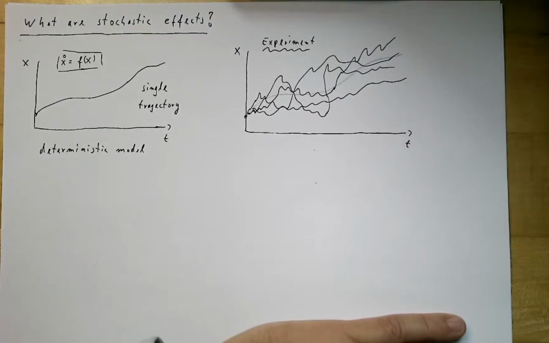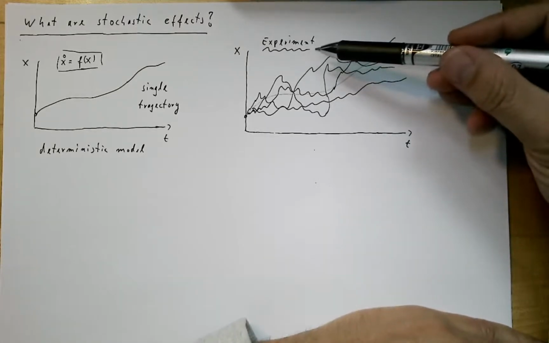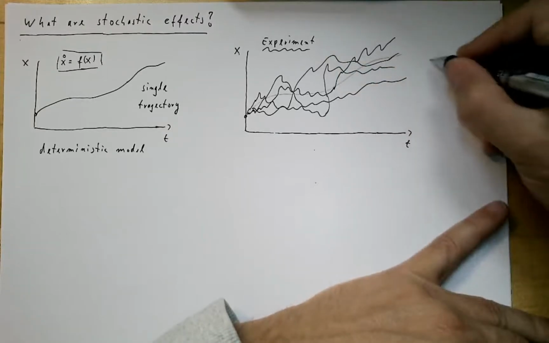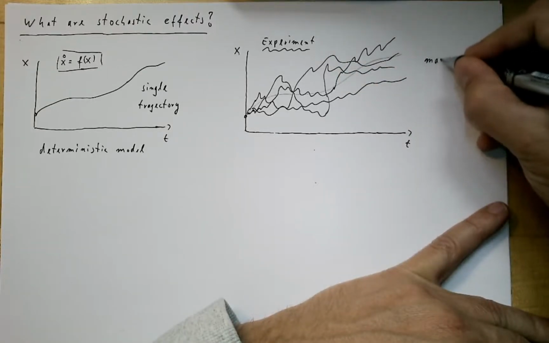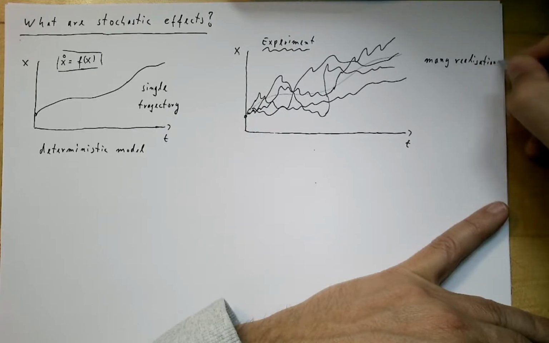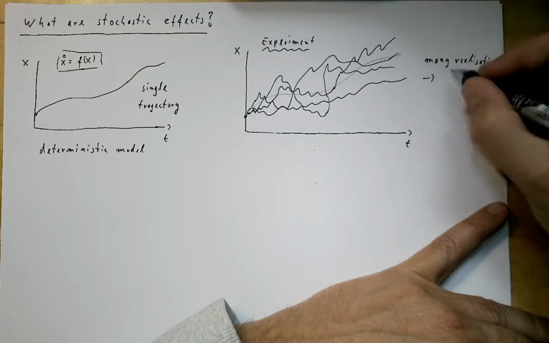And so the important property, when we then realize repetitions of our experiment, when we have many realizations, is that we have very different outcomes.